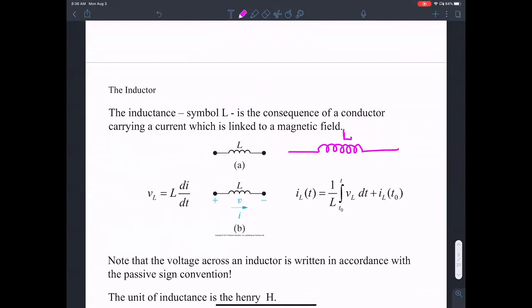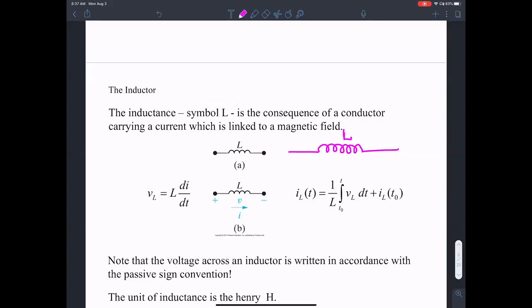Physically, inductances are made out of long wires that are wound around themselves. The letter L is used to represent an inductance, and it is a consequence of a long conductor carrying current.